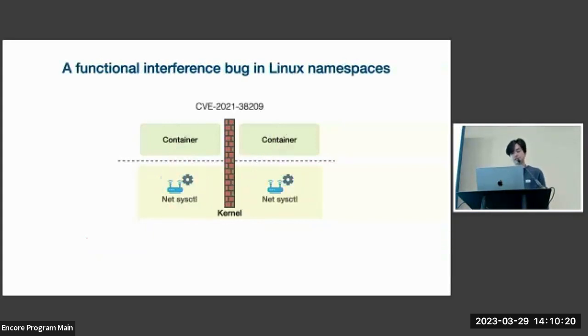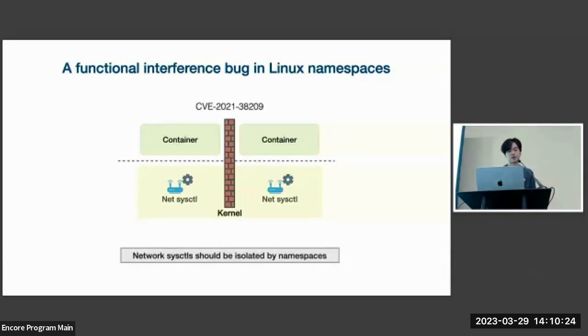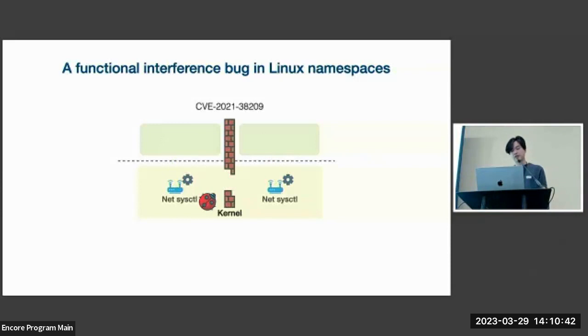Let's take a look at an example of a real-world functional interference bug. As background, network configuration should be isolated for containers. In other words, if a container writes to a network configuration, this should not affect the configuration read from another container, and also its network functionality. However, this isolation does not hold for an important network configuration, nf_conntrack_max, which limits the firewall connection tracking table.